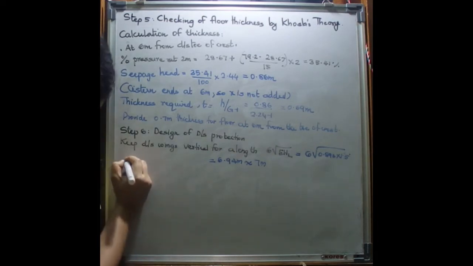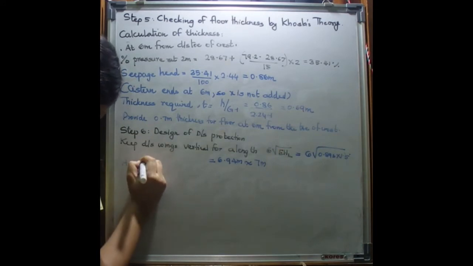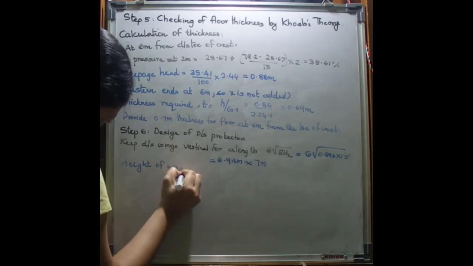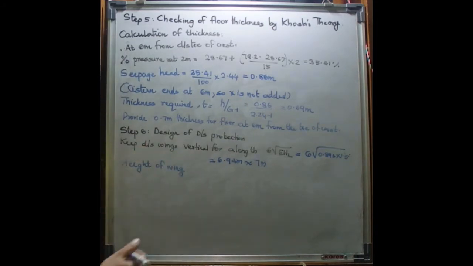Now next is height of wing above downstream bed.